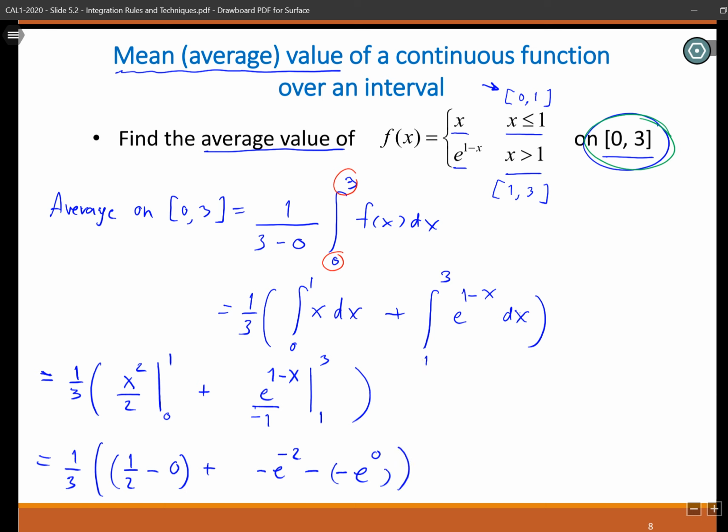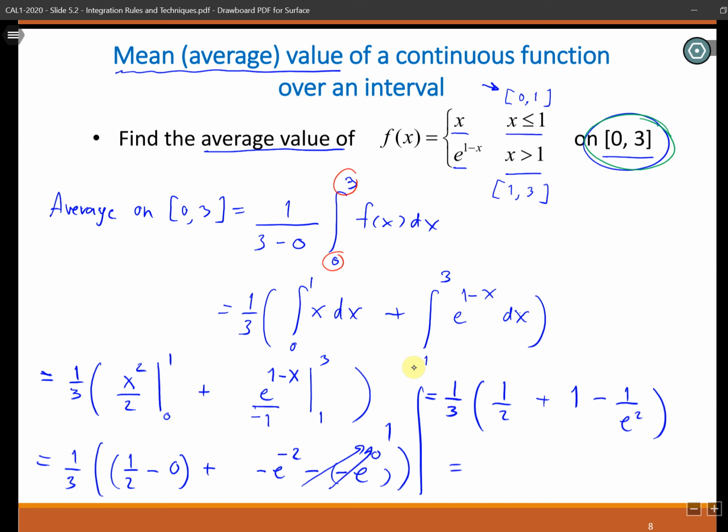So in the end I have 1 over 3 times 1 over 2. This second part, okay, let me take a look here. All together, this becomes 1. So I have 1 right here and minus 1 over e squared.